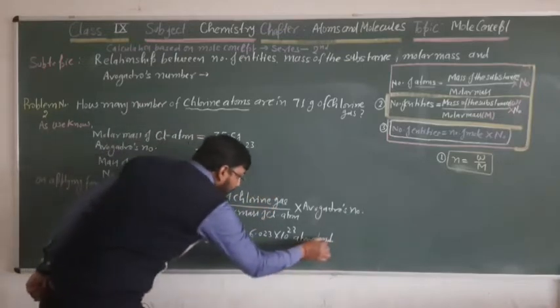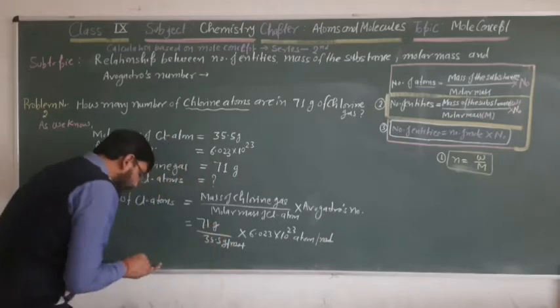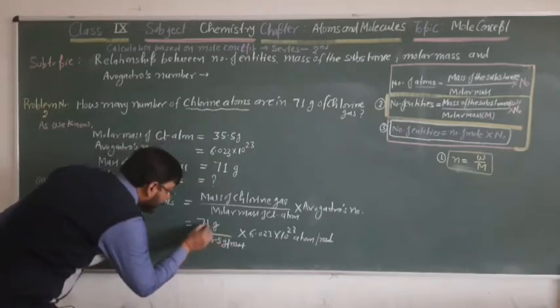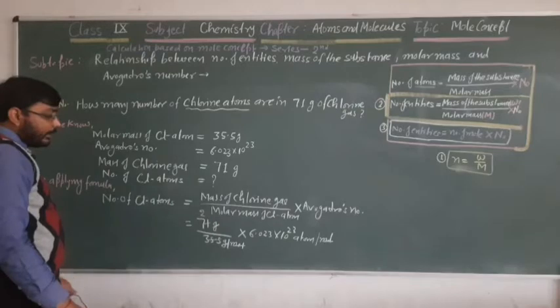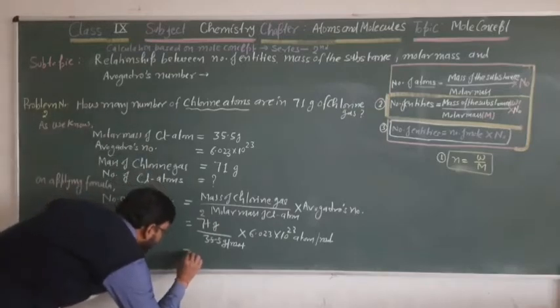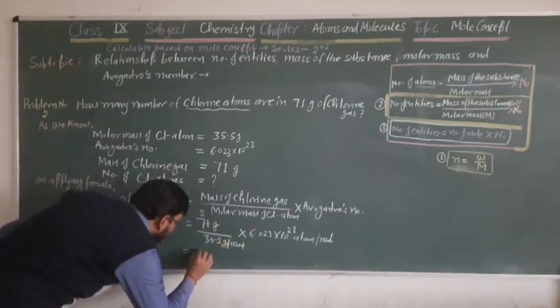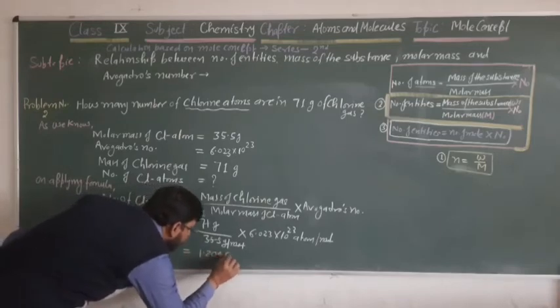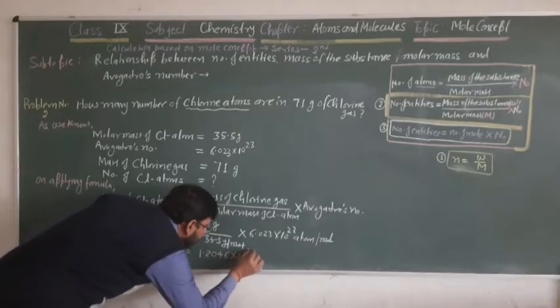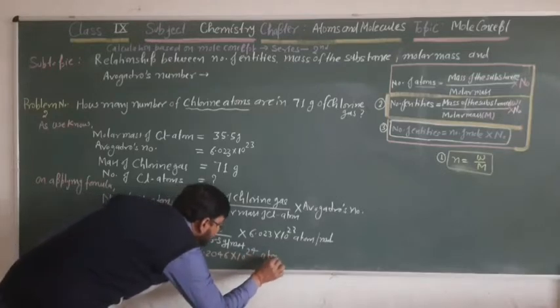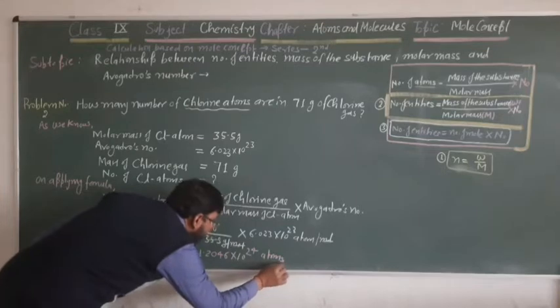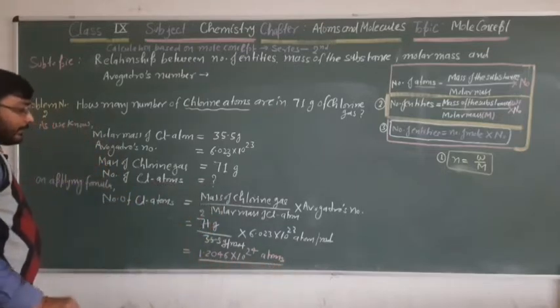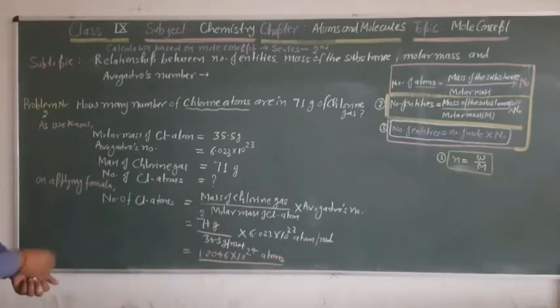Now mole cancels, gram cancels, and 35.5 goes into 71 twice. So we got the total number of atoms as 1.2046 into 10 to the power 24 atoms. So this is our answer. Now note it down. I will solve another problem.